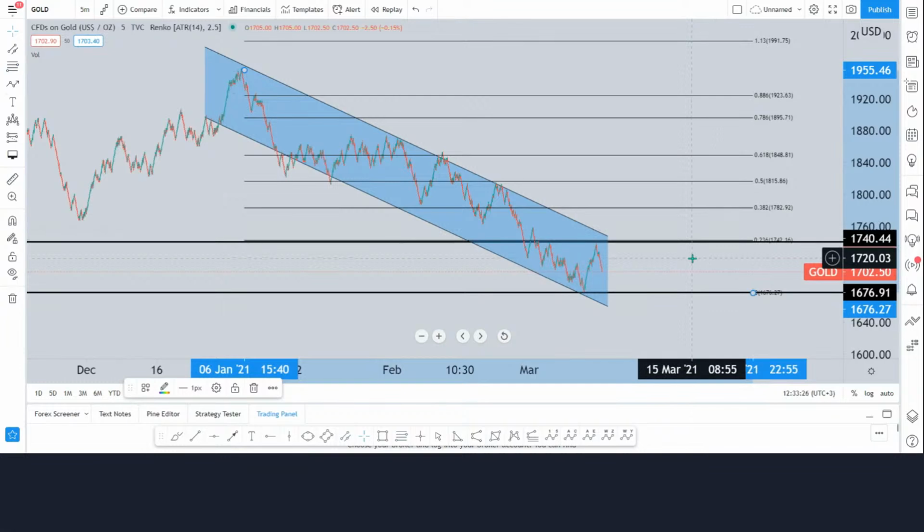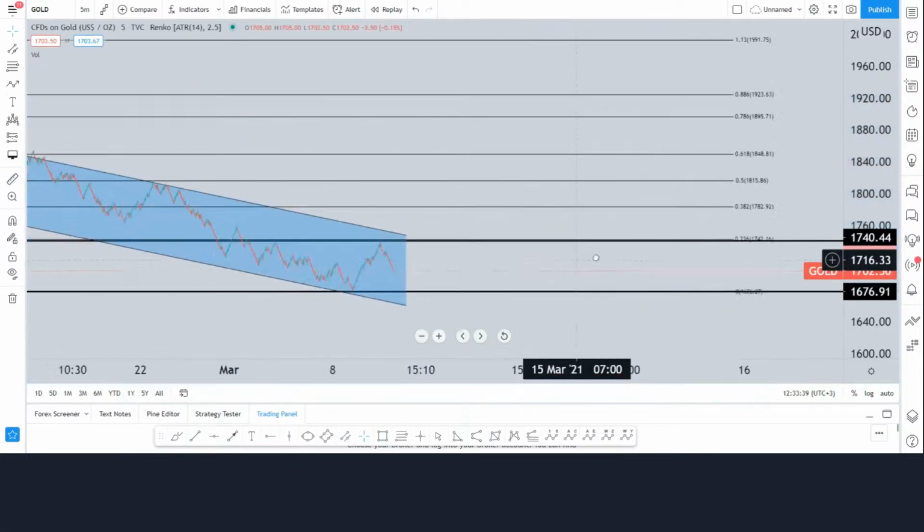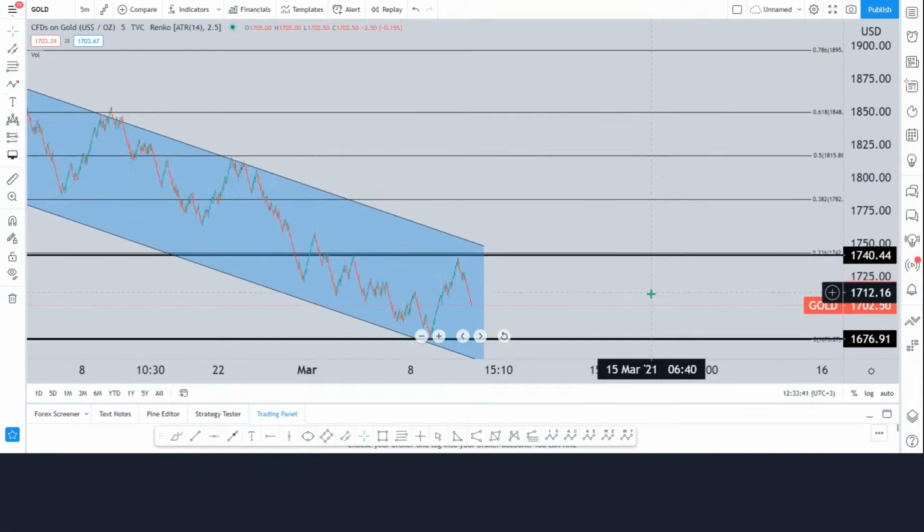See, that was the 23 correction. So this 23 level correction. Watch out, this was a very strong level here and there. See that 61.8, it spent too much time deciding to go further down. So right now is not good to buy or sell. It's better to stay away from it.